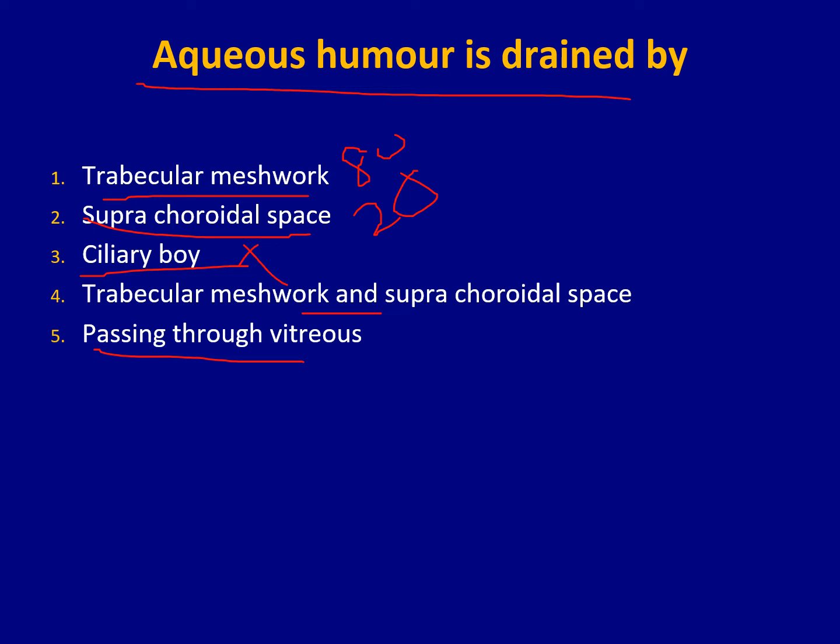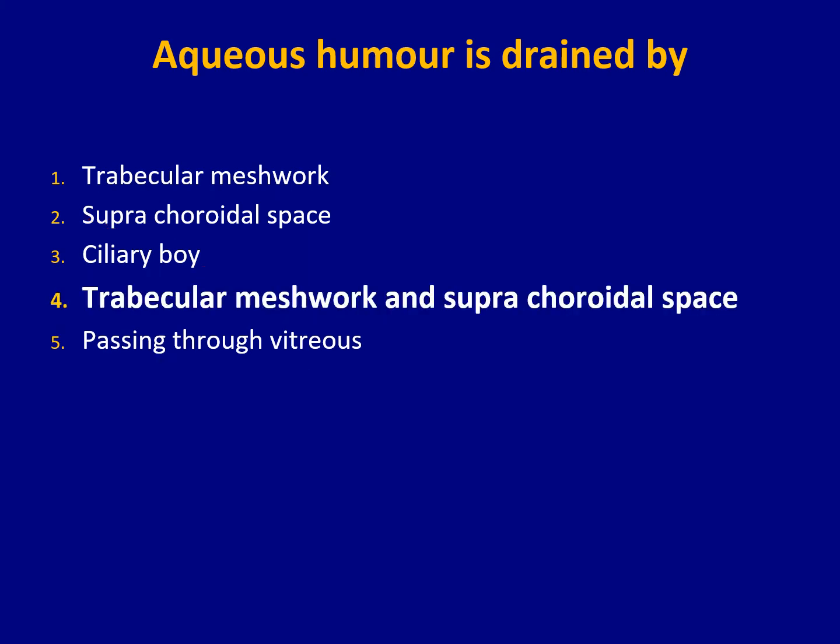Trabecular meshwork and suprachoroidal space cause almost 100% of the drainage, while passing through the vitreous is not a normal drainage site. So the correct answer would be number 4. Trabecular meshwork and suprachoroidal space is the correct answer.